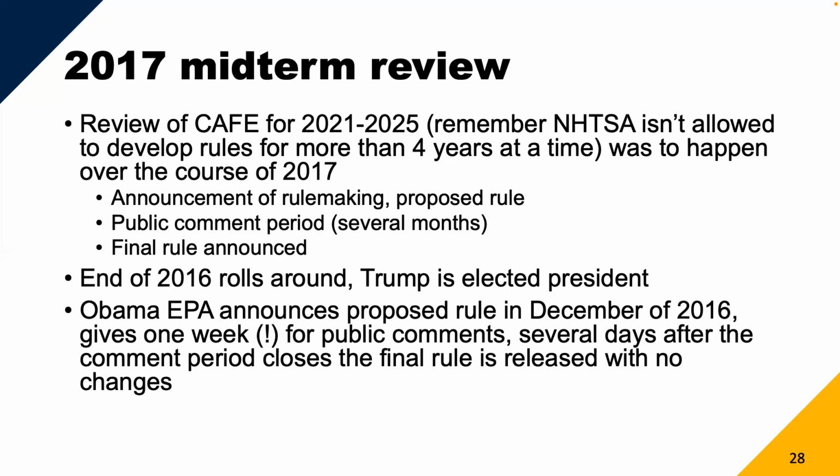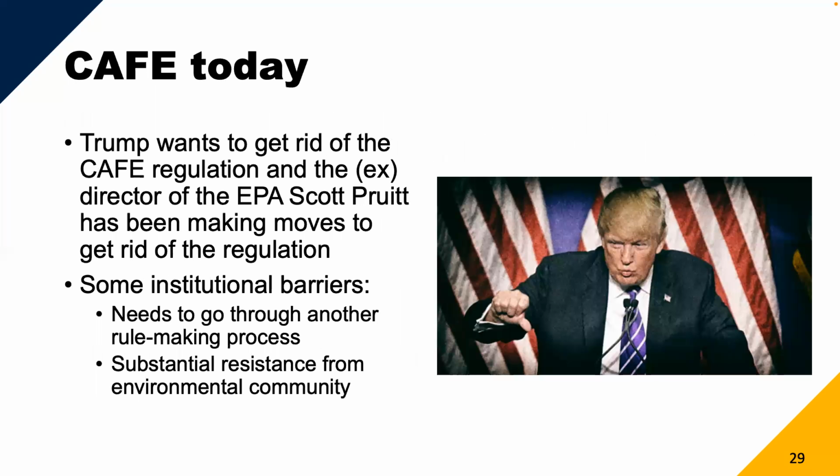So what happened? Okay, I shouldn't even say CAFE today. This is CAFE during Trump's administration. Trump wanted to get rid of the CAFE regulation. The first EPA head under Trump, Scott Pruitt, made a bunch of moves to get rid of the regulation.